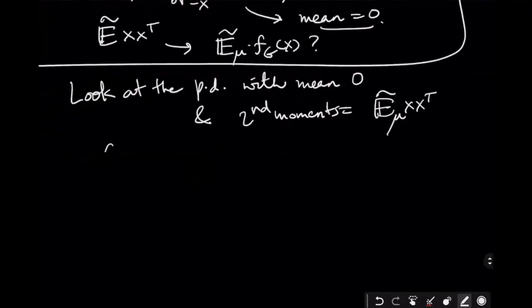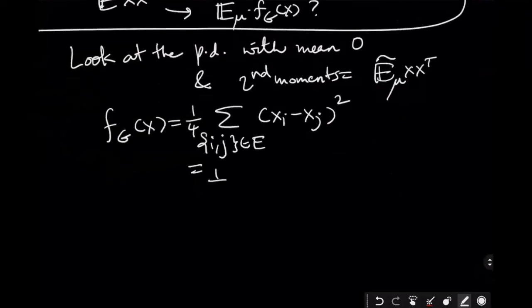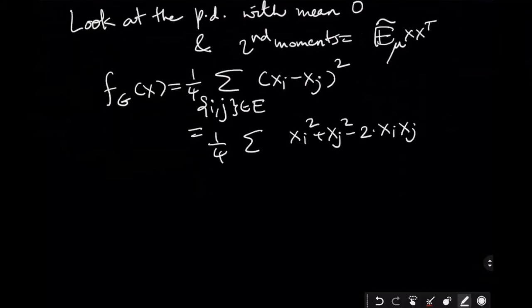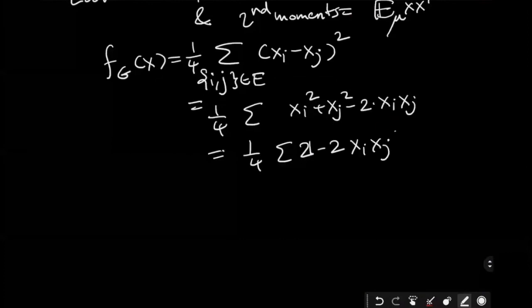Remember that FG of x equals the sum over all edges, 1/4 factor, of (xi minus xj) squared. You can expand it out as xi squared plus xj squared minus 2 times xi xj. And over the hypercube, xi squared and xj squared are exactly equal to 1. So this is simply 2 minus 2 times xi xj.